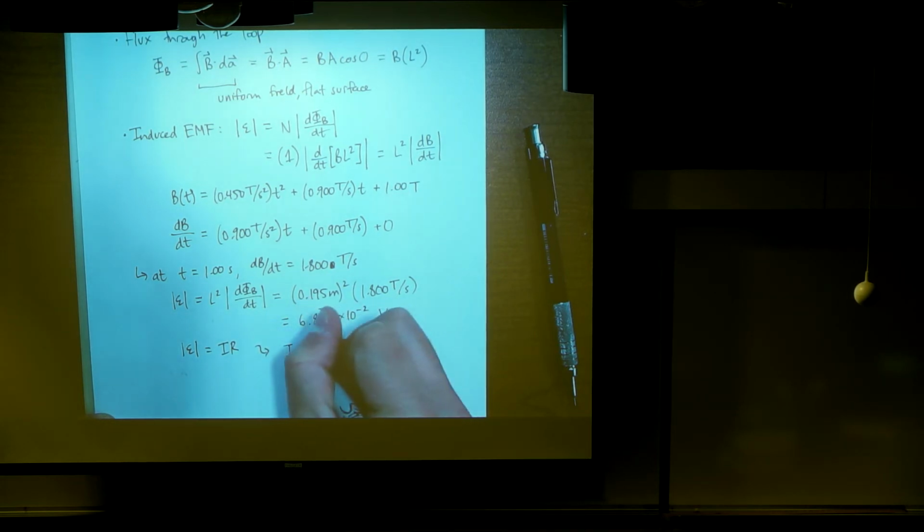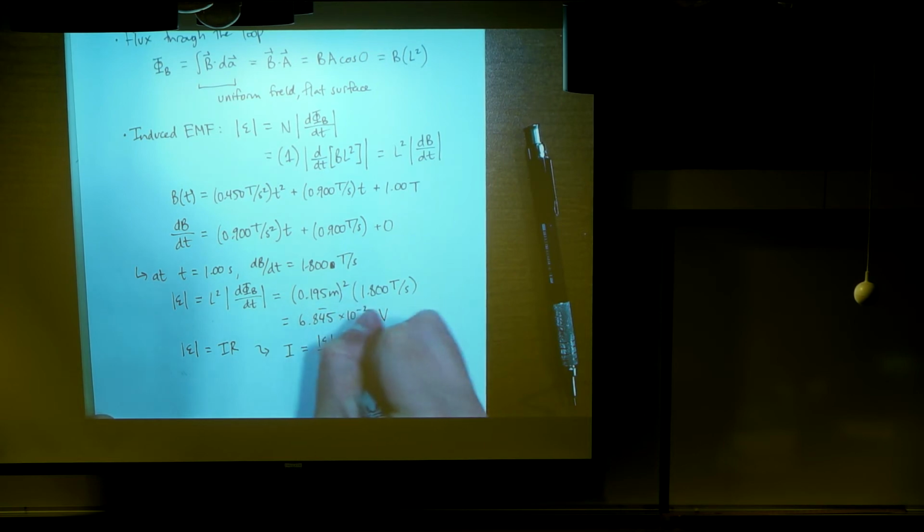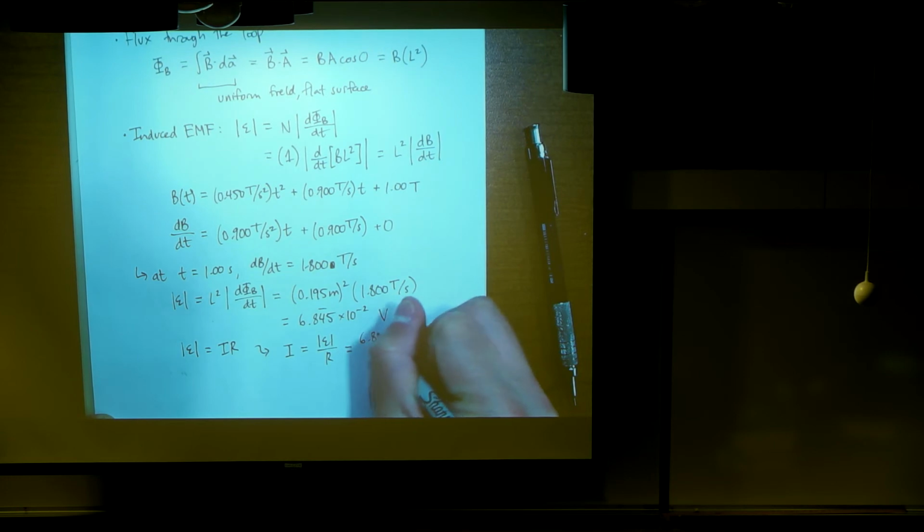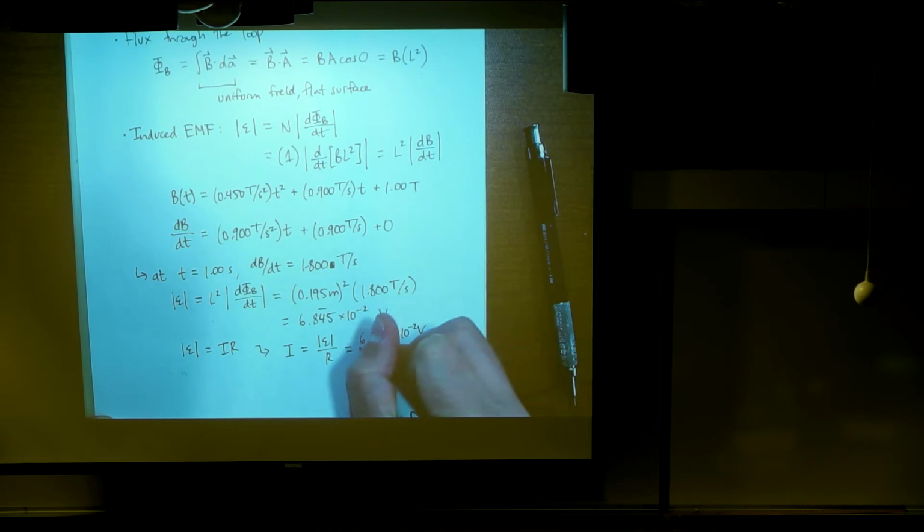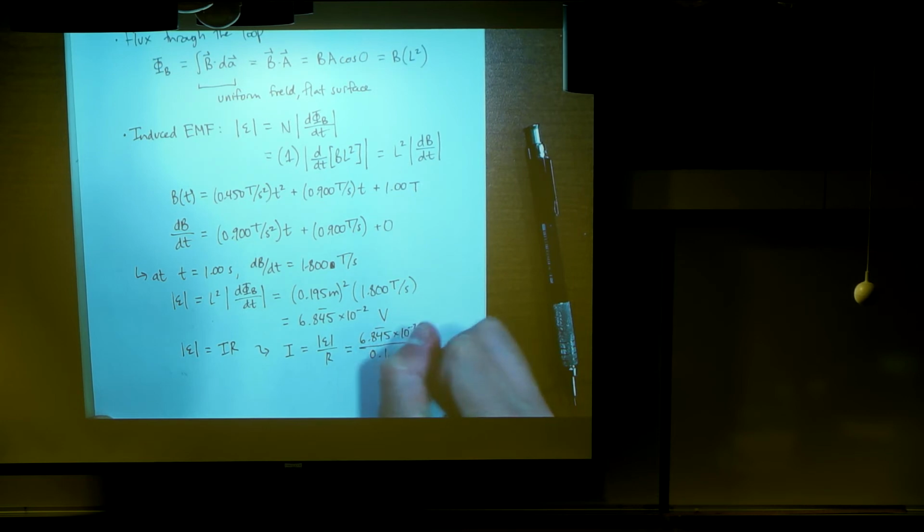So here's what we have. The induced current is the induced EMF divided by R. So that's 6.845 times 10 to the -2 volts, divided by R, which is 0.15 ohms. So now this gives us the actual current.